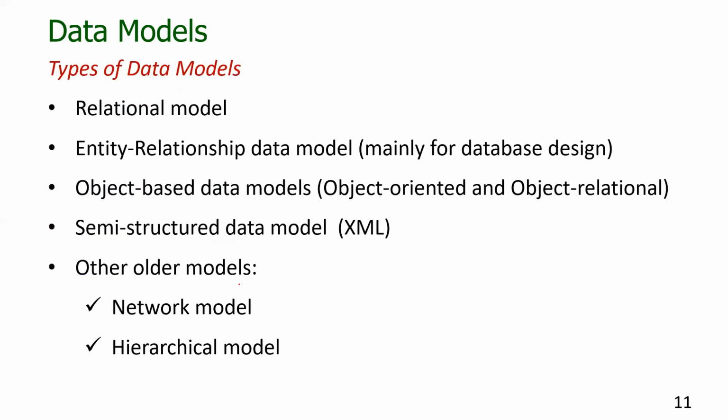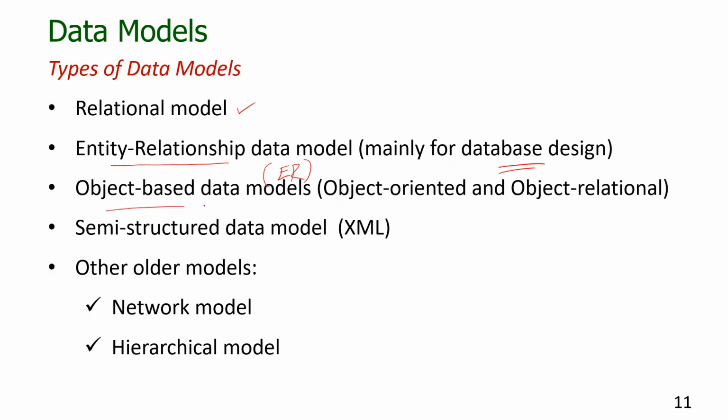Okay, there are various categories or types of data models. The first one, a very important one, is the relational model. The second one is the entity relationship model, which we will call the ER model. This is a familiar name. ER stands for entity relationship data model. This is mainly used for database design.